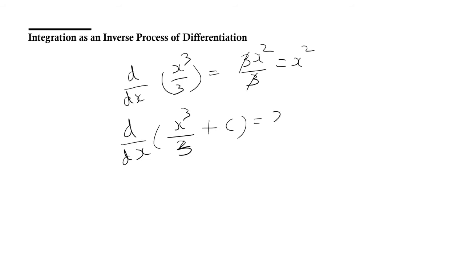Again it is equal to x square. So when we are asked to find the integral of x square, we have to write integral x square dx is equal to x cube by 3 plus c. So this is how we can say integration is an inverse process of differentiation. It is the other way round of differentiation.